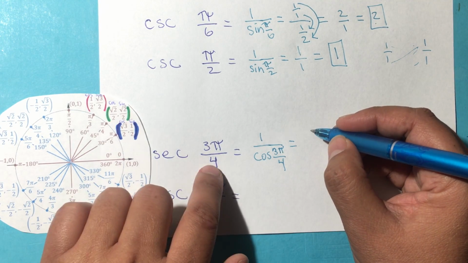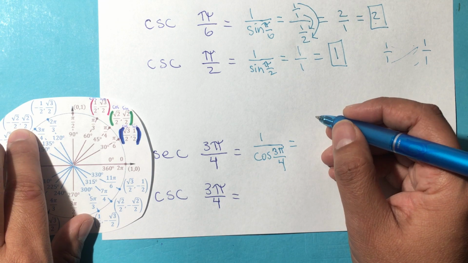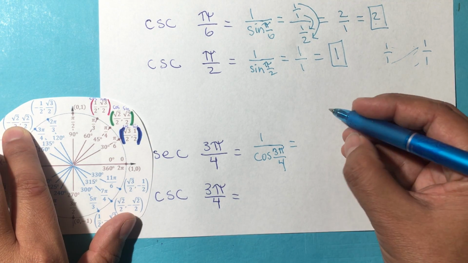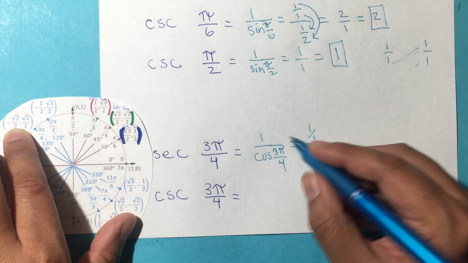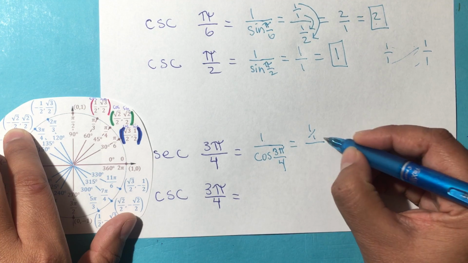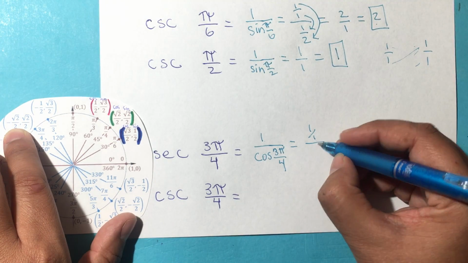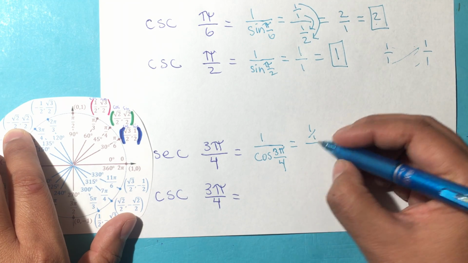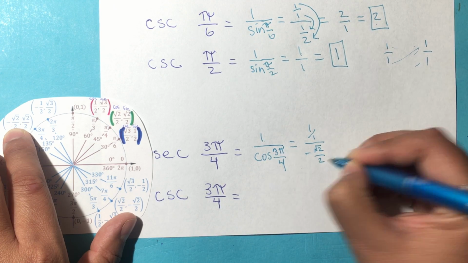So 3/4 of pi, it's over here, 3/4 of pi. And the cosine has a negative, so, and it's a fraction, so I'm going to put 1 over 1 for the numerator. Okay, and it's just to be able to multiply the outer and the inner, otherwise we're not going to have one of the values. And divided by cosine of that angle in radians, which is negative square root of 2 over 2.